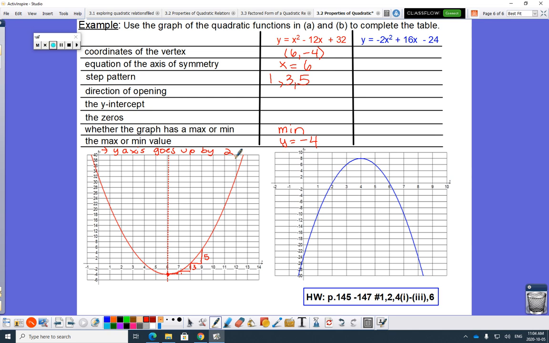And you could keep going. Over 1, up 7. The next one would be 9.